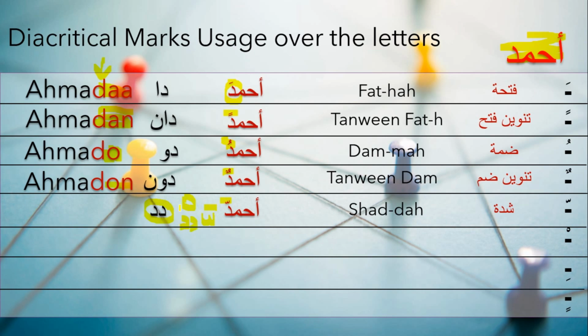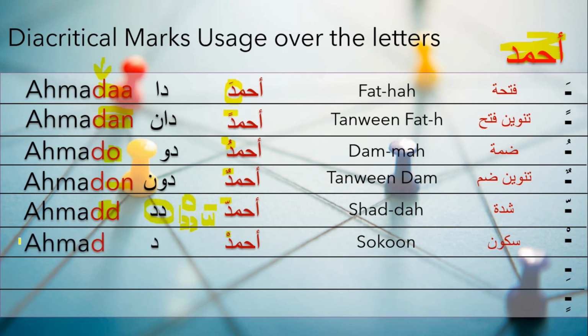So the duplication will be sukun, and dal will be did. If it's, for example, fatha over the shadda, it will be dad. There will be a letter A there, just to express the fatha, which is used with the shadda. Sukun is Ahmad, and that's it. This is the normal name that we all know, Ahmad, and there is no effect on that letter.